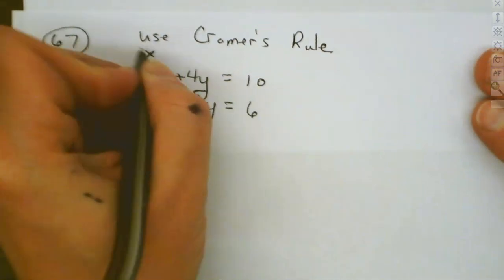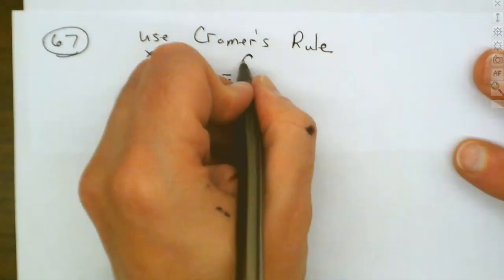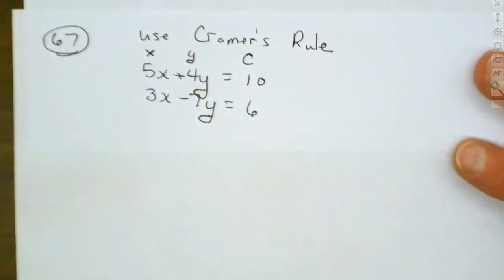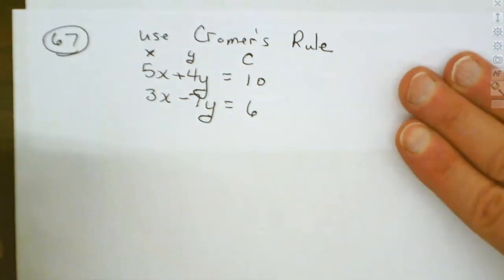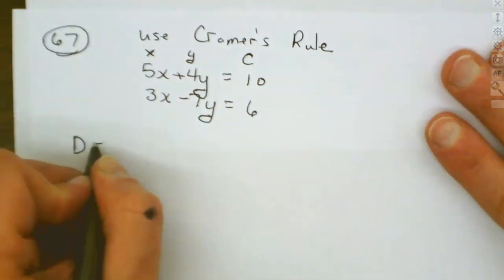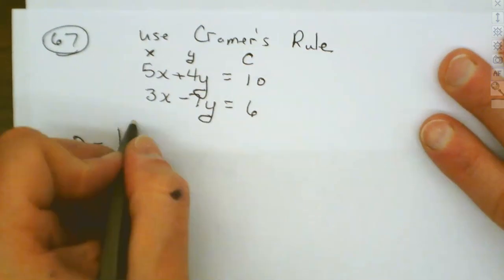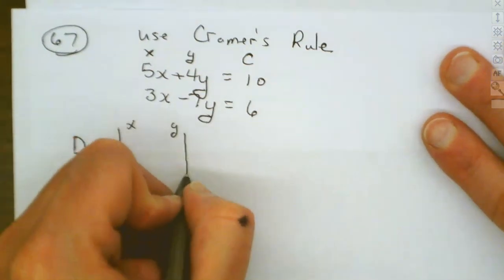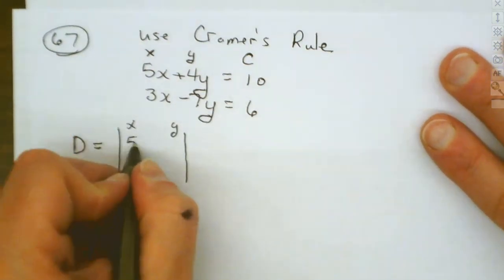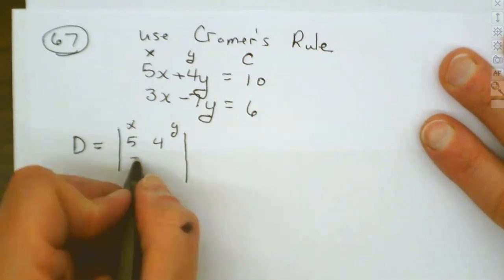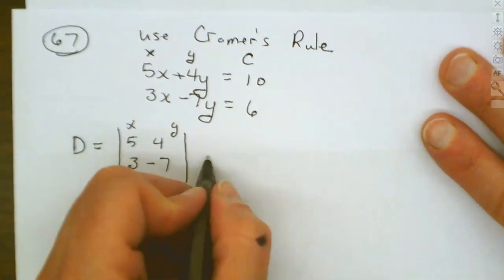This is your x, this is your y, and this is your c, the way I label them. We always start off with our master determinant D, and that's your x and your y. So that's 5, 4, 3, negative 7.